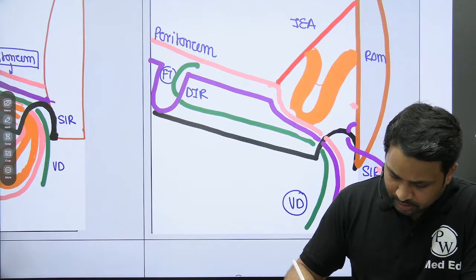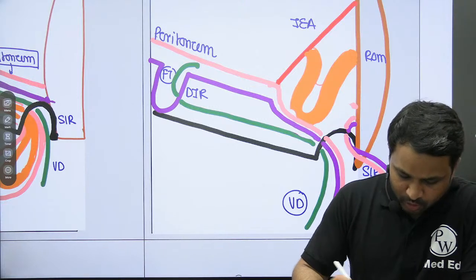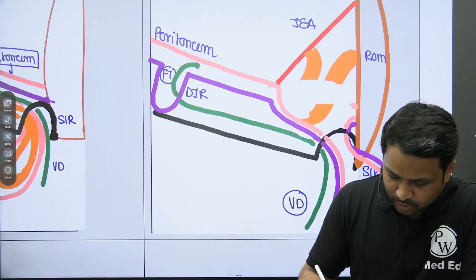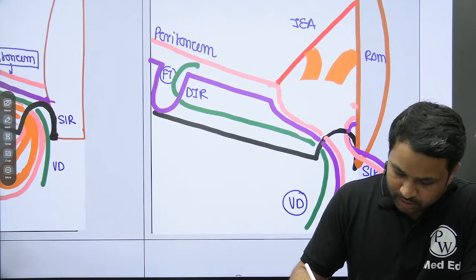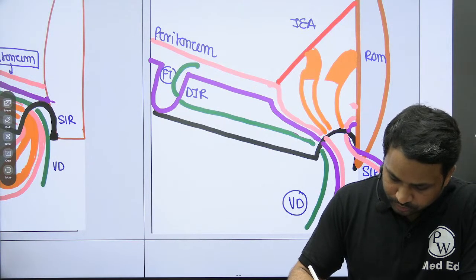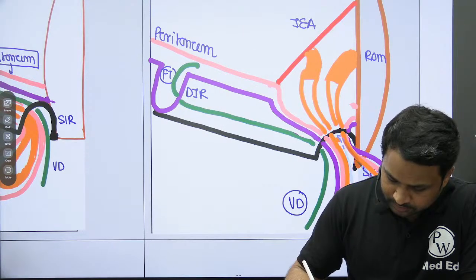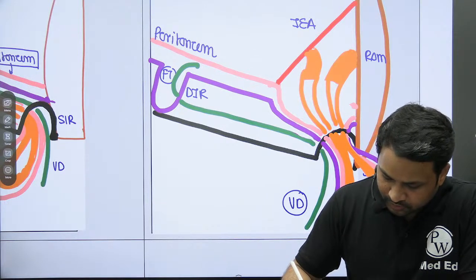Along with the peritoneum, the whole culprit of our story, the bowel that is exerting pressure, will also exit through, and this will also become a part of the sac.